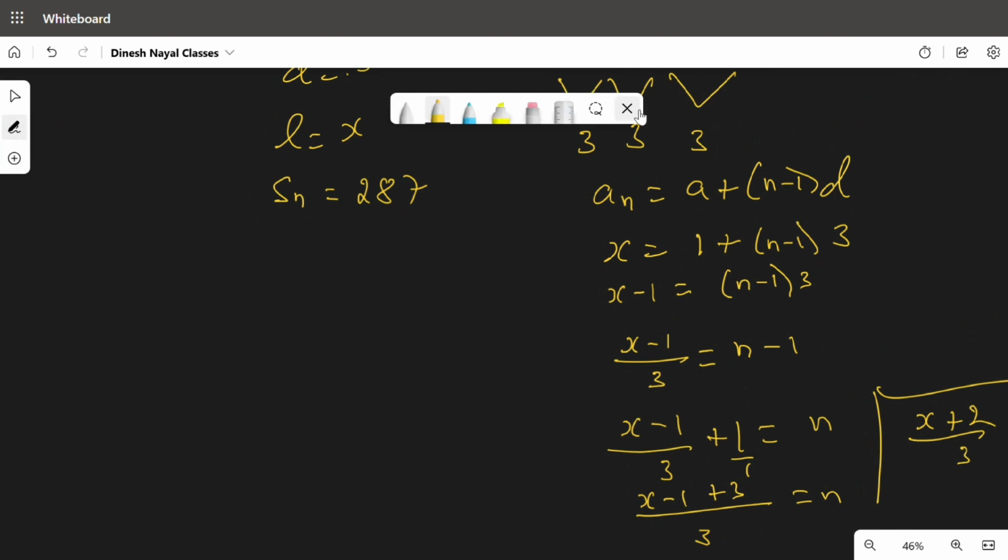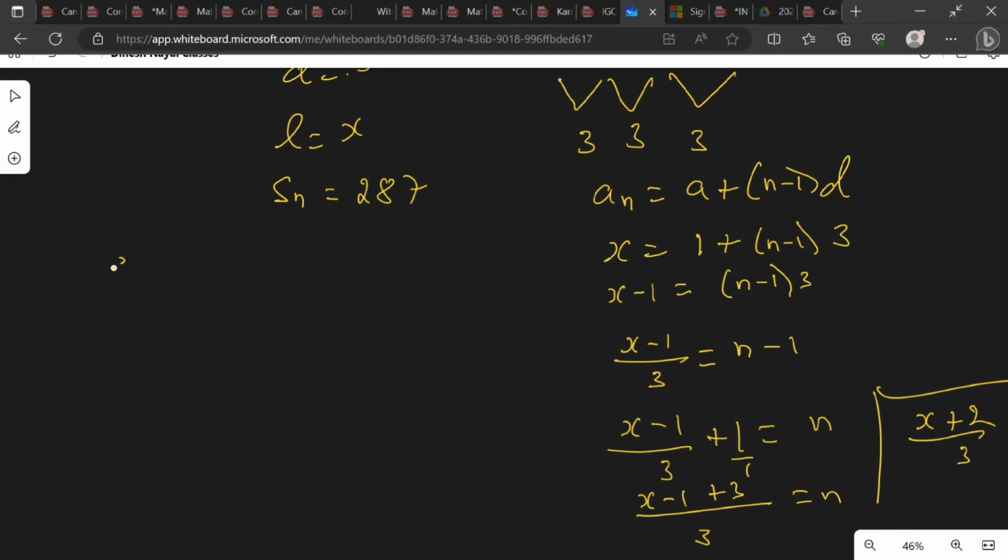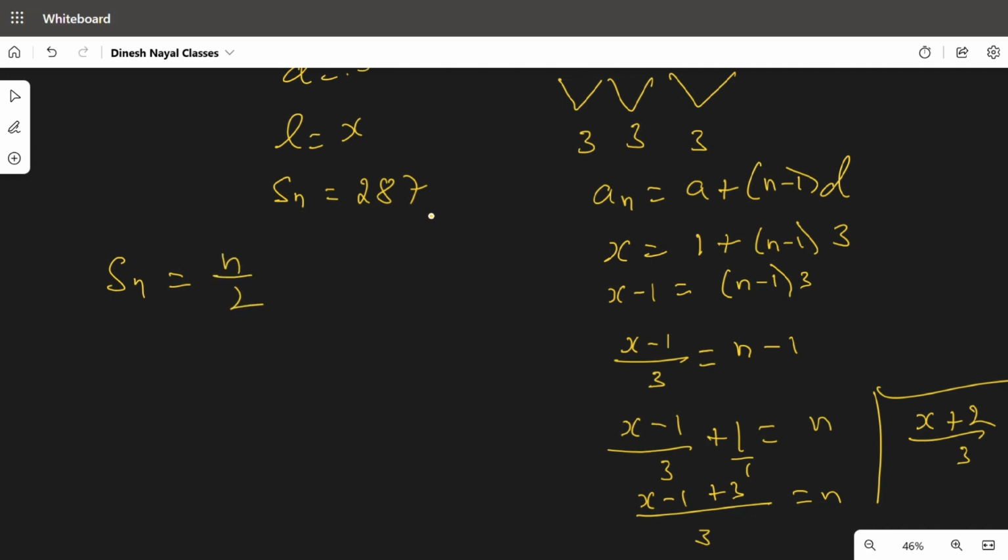Now, writing the formula for Sn. Sn is equal to n by 2 times the first term plus the last term.